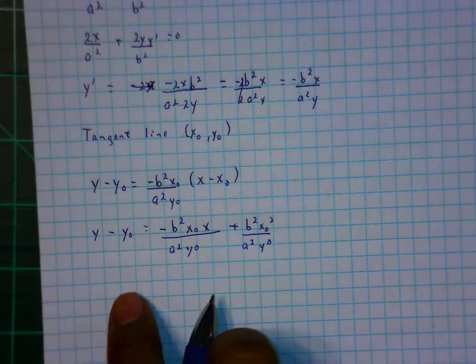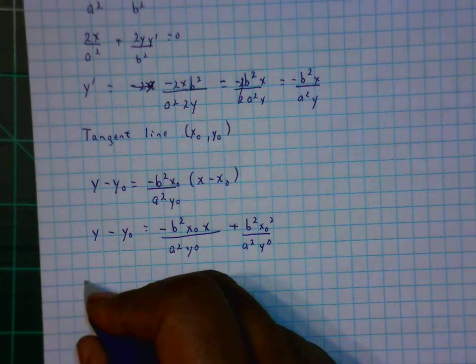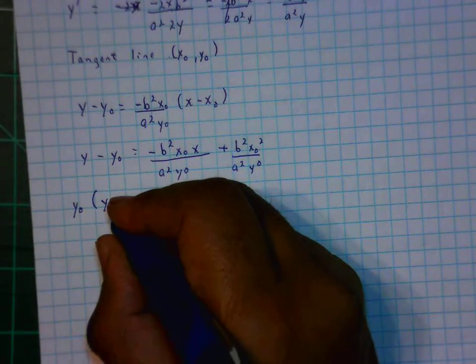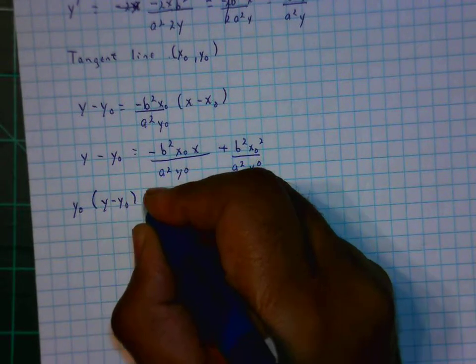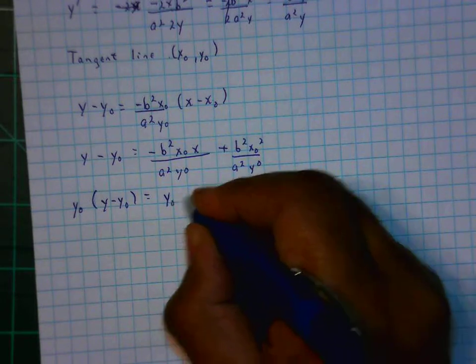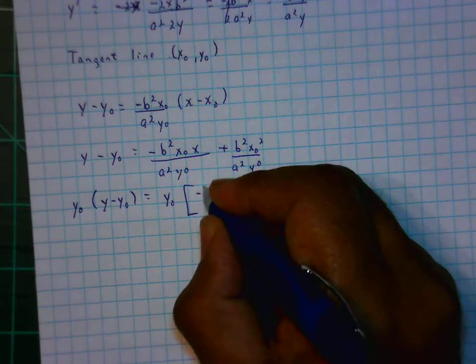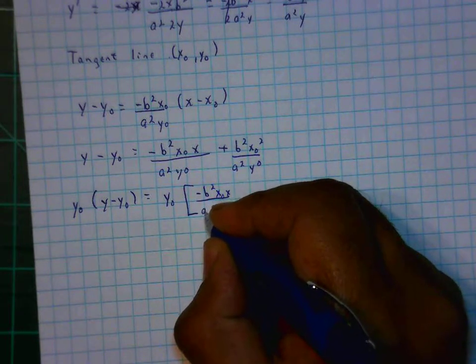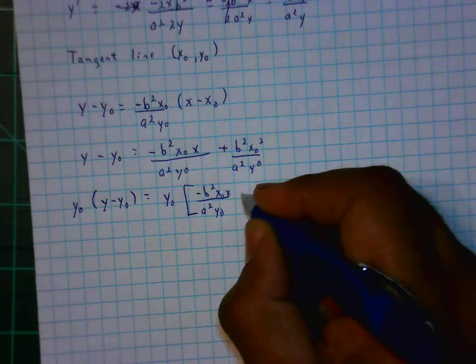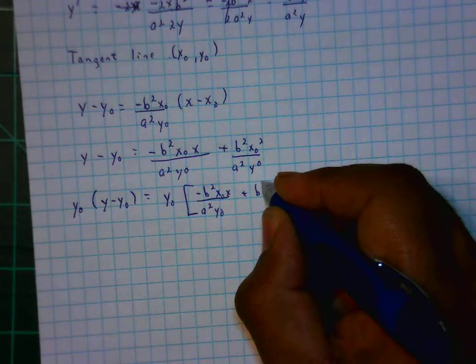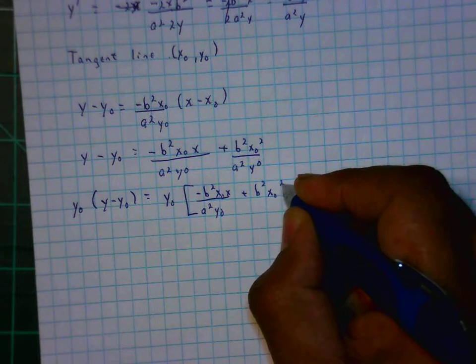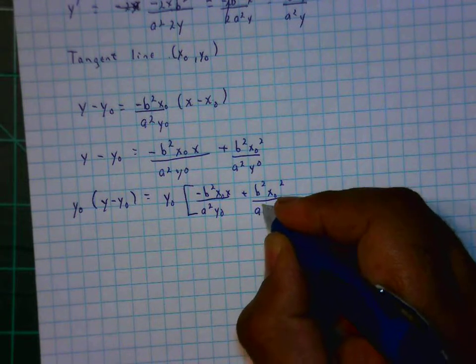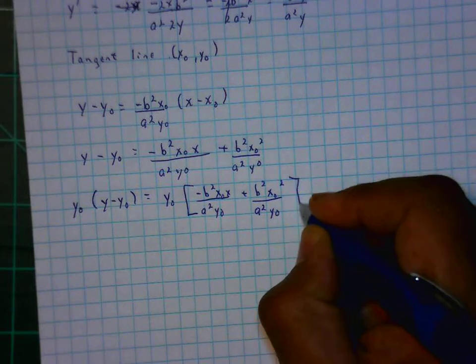Now let's go through and multiply each side by y naught. So we're going to take y naught times this, and then y naught times this, negative b squared x naught x over a squared y naught plus b squared x naught squared over a squared y naught.